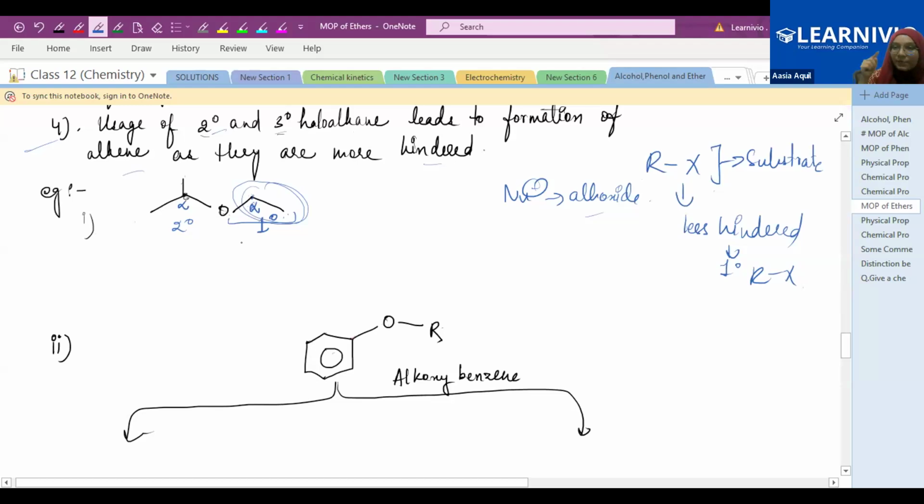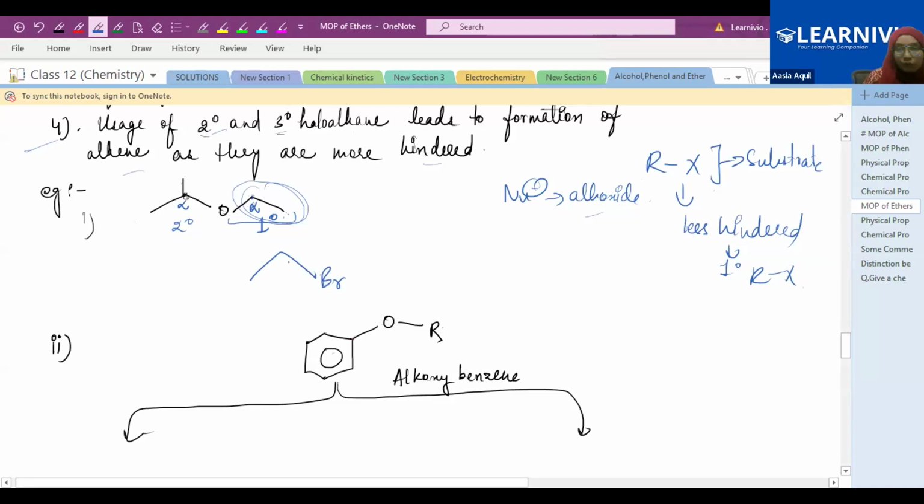Primary alkyl halide should be preferred in the preparation of unsymmetrical type of ether. So this is a primary one, with 1, 2 carbon, 1, 2 carbon, and here you will add any halogen group. I'm just adding bromine. You can add chlorine also. Either use chlorine or bromine.